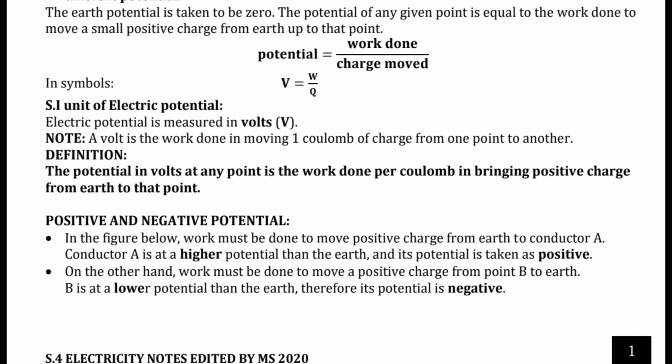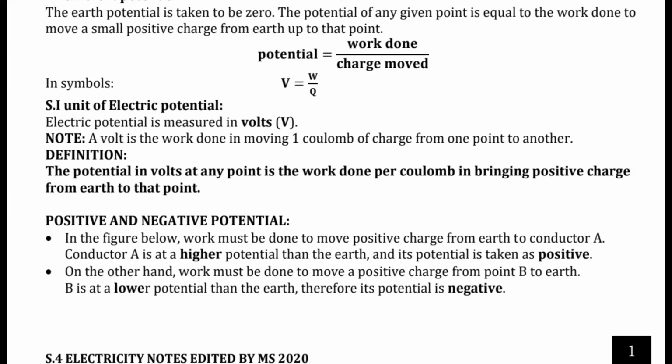Have you realized the difference between the two? If you are defining electric potential, we say from Earth to a point. When we are defining potential difference, we say from one point to another. I think now we have got the difference between the two.